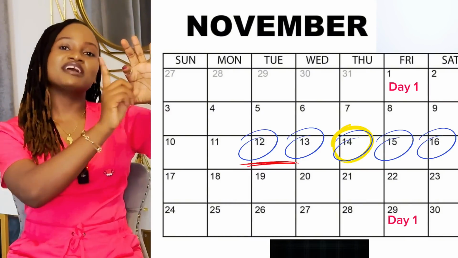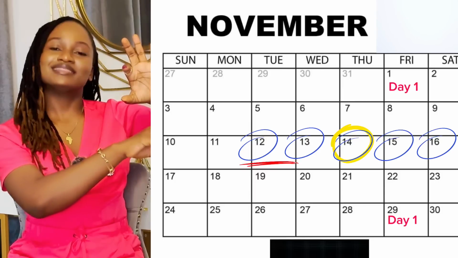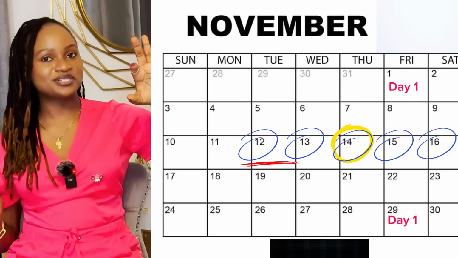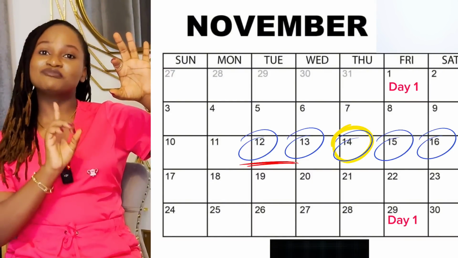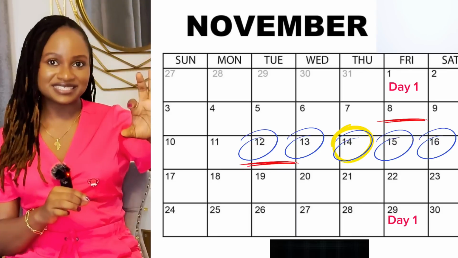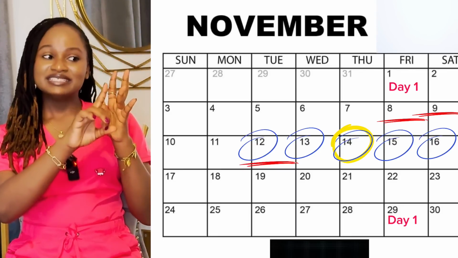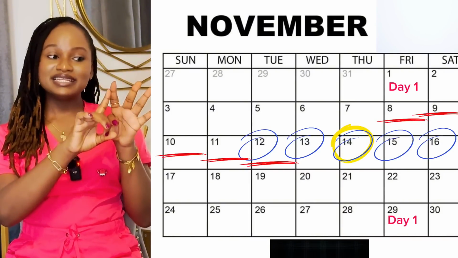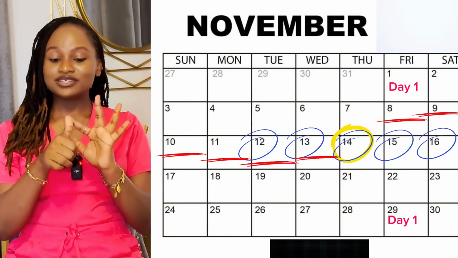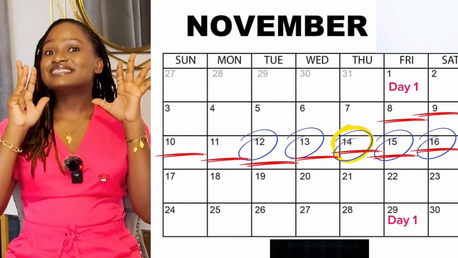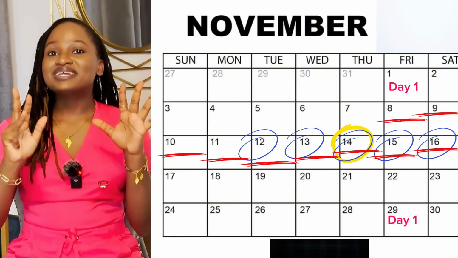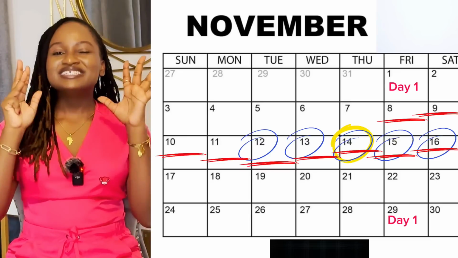Then we'll count 5 backwards, because remember, the sperm can live in the female reproductive tract for up to 5 days. So when we count backwards from 12, that's going to start from day 8. So it means day 8, day 9, day 10, day 11, day 12, day 13, day 14, day 15, and day 16. This is 9 days in a month when this woman has sexual intercourse, she has the highest chance of conceiving.